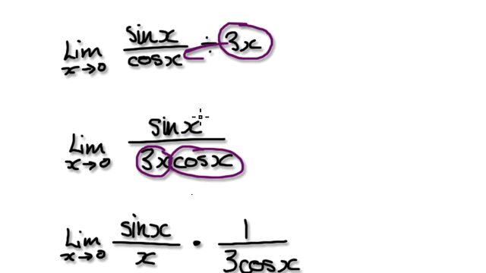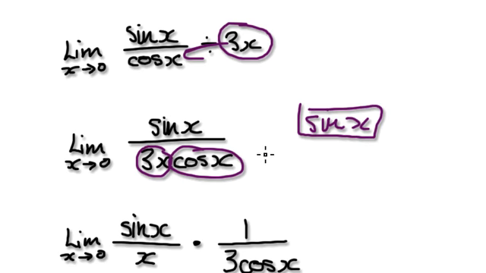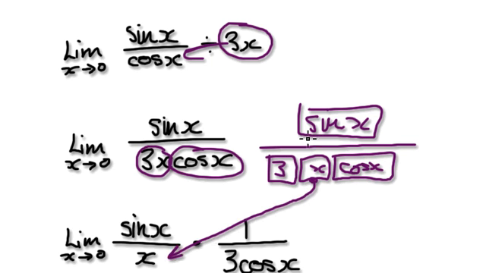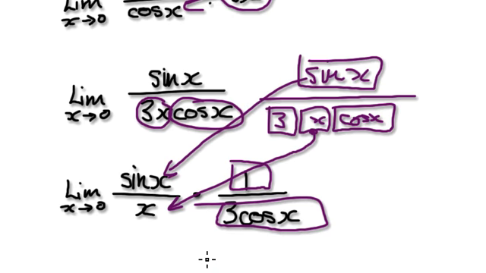And then your next step is to break this up, because at the moment you've got sine of x divided by 3 times the x times cos of x. So basically move this x out to here, and then this here, and then over here you've got 1 times 3x.